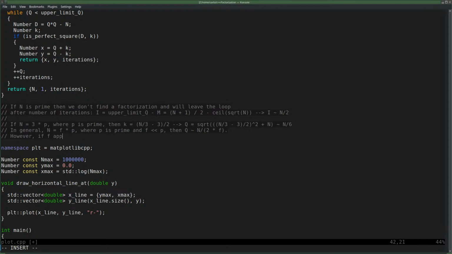If f approaches the square root, now m is the ceiling of the square root, so that's pretty damn close to the square root.